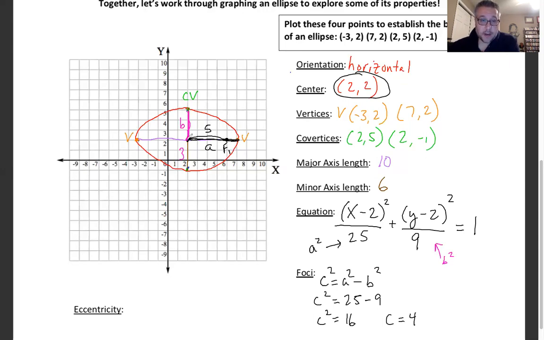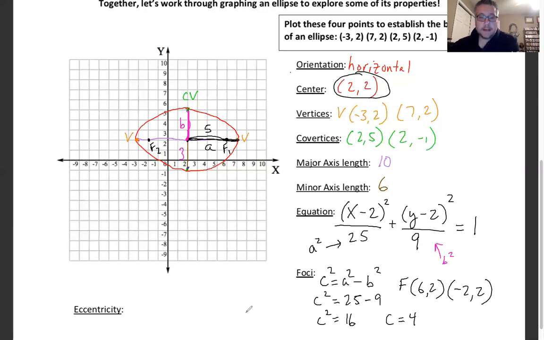And then from the center, I can go the other way, 1, 2, 3, 4, and we'll call that F2. Now, if we want their coordinates, in this example, it would be (6, 2), and the one towards the left would be (-2, 2).